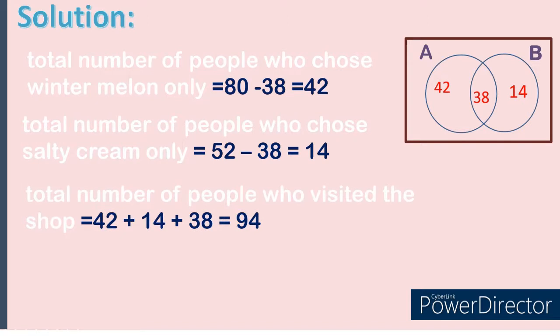Okay? So, total number of people who visited the shop. Paanong gagawin natin? We are going to add. Add lang po ito. Add lang po natin yung 42 plus 14 and 38. So, 42 plus 14 plus 38, we have 34 people visited the shop.